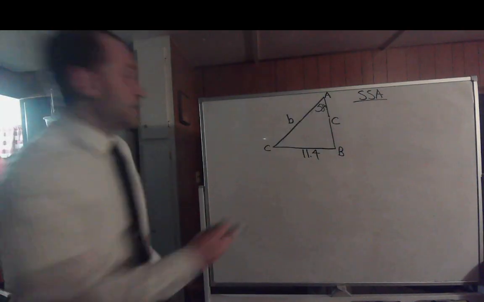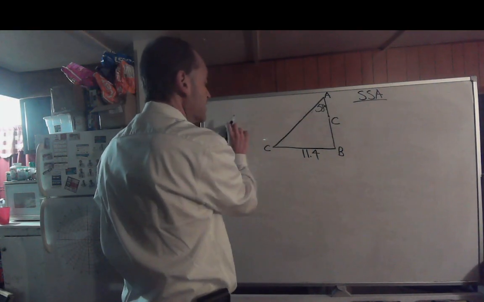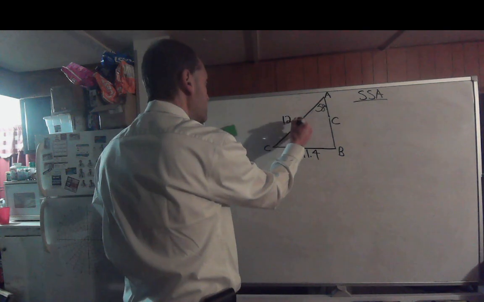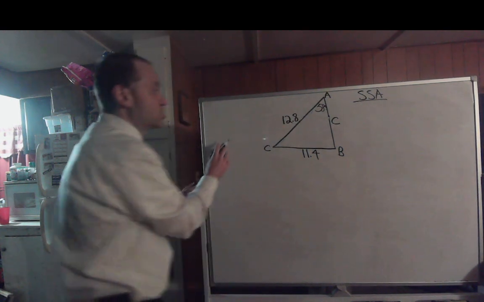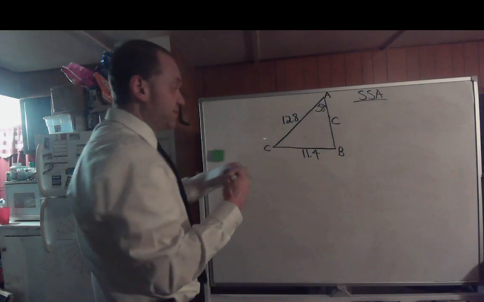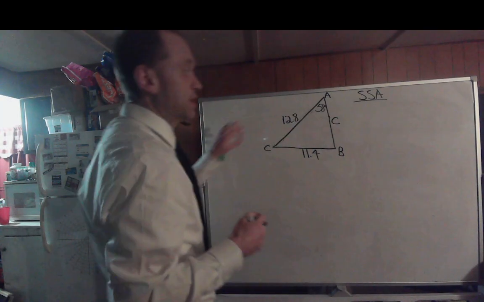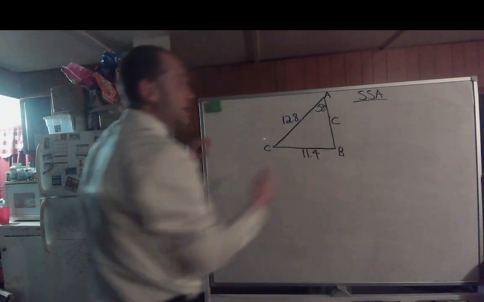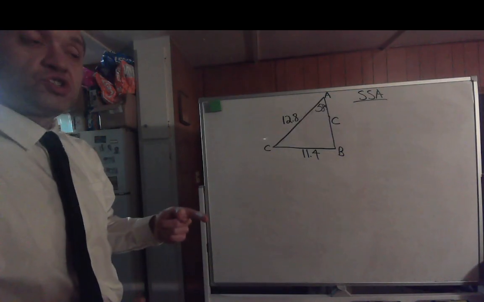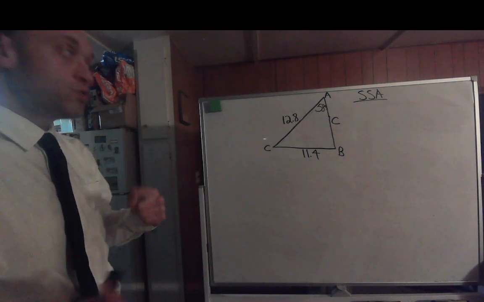But side B has the same length of 12.8. So the length changed on side B. Well, we definitely have a side-side and a non-included angle, so the side-side angle case applies. Now the question is 1 triangle, 2 triangles, or no triangle.